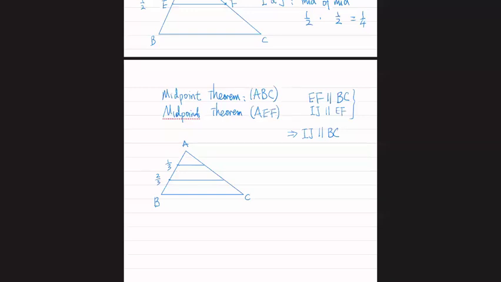Instead of the midpoint and quarter point, we have the 1/3 point and 2/3 point on a segment. Let's label them E, F, I, J. Again, we want to check whether the lines are parallel.